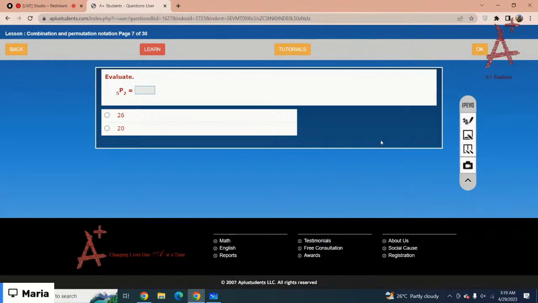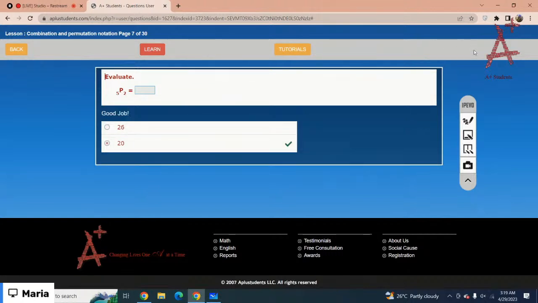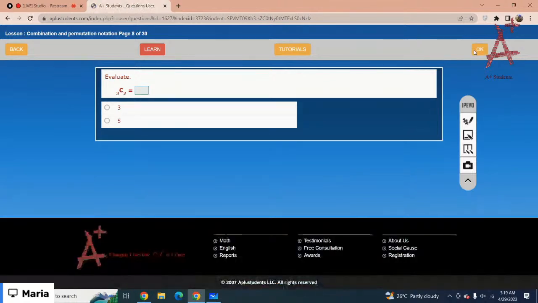It would be 20. 5P2 is 20. Okay, 3C2 is 3. The correct option is 3.